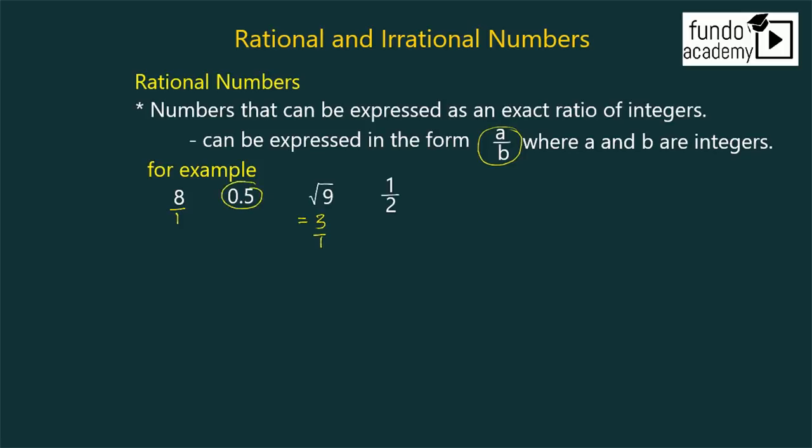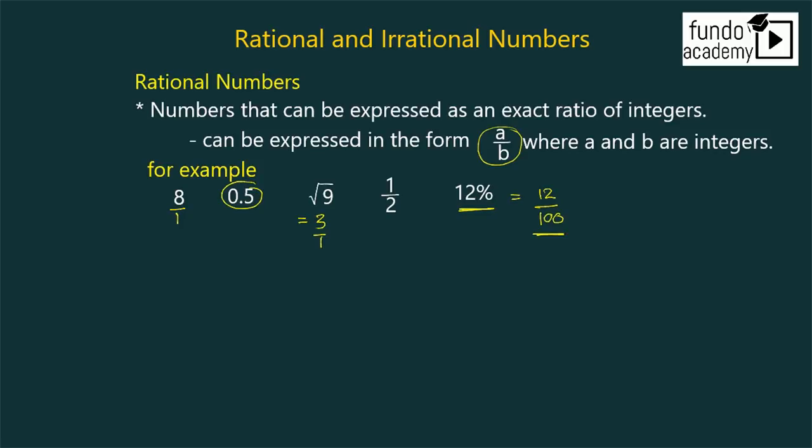Also, a percentage is a rational number. Remember, if we have 12%, that's like 12 over 100, right? So percentages like 12% are also rational numbers. In fact, all percentages are rational.